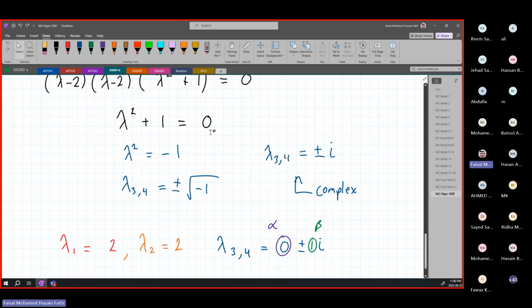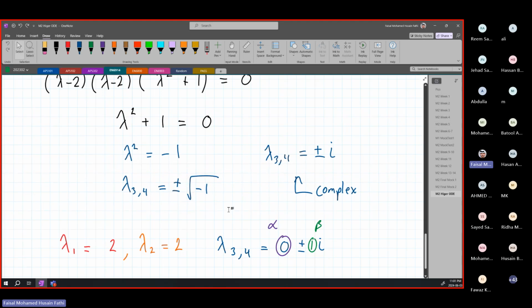We take the 1 to the other side, we get minus 1. And now we want to find lambda by itself, so we have to take the square root. Once you take the square root, you're going to have two lambdas, lambda 3 and lambda 4. You're going to have two values for the roots. You're going to have a positive and a negative value of whatever is under the square root.